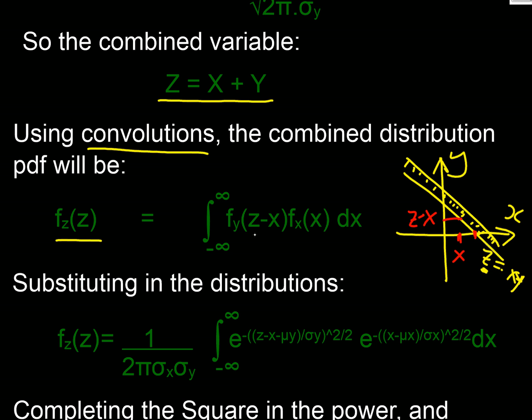So our integral, the area over here, actually a volume because we're now in a space, is going to be, for each little part, our f of x value, the probability of that happening, and then our f of y, which is effectively the values up to this point here, because we know what that point is.